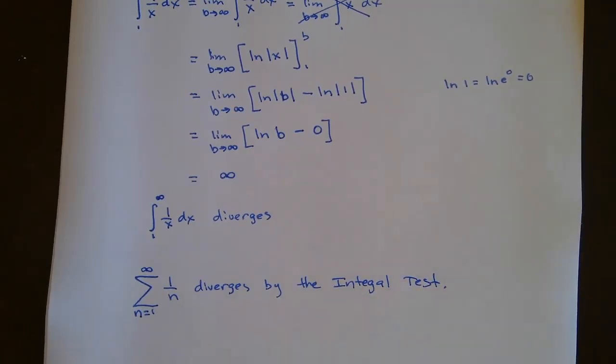Okay, so these first 3 examples were all 1 over n to a power, right? So those are powers. And if we looked at the first one, the power was 2, and that 2 was bigger than 1, so it converged. What if it's between 0 and 1?